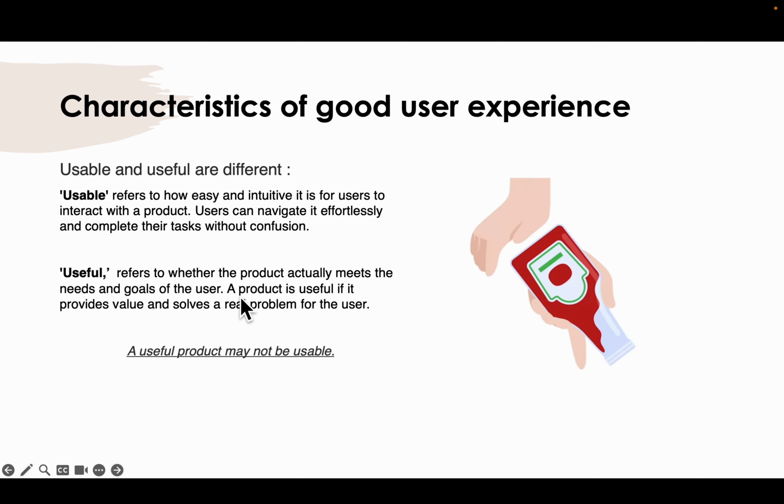That means the product is not usable. Just like the glass ketchup bottle, right? You eventually get the ketchup out, so it's useful, but if you struggle, it's not a usable product. Also some products are usable, but not useful, right?